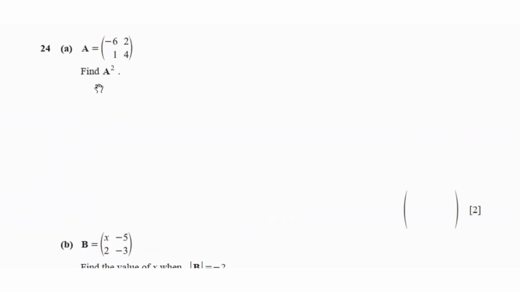Question 24 says that we have a matrix A and they want us to find the square of this matrix, which means we multiply A with A. That's going to be -6, 1, 2, 4 times itself. Whenever we're multiplying matrices, you need to make sure that you multiply the first row of the first matrix with the first column of the second matrix.